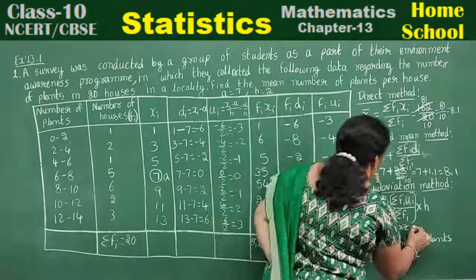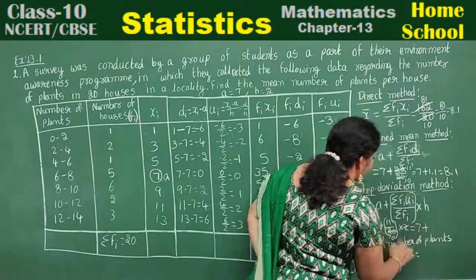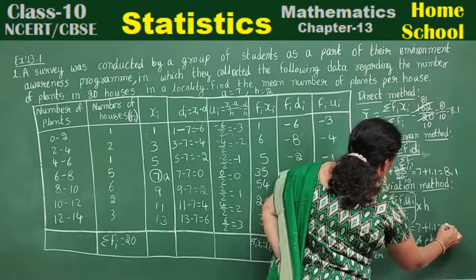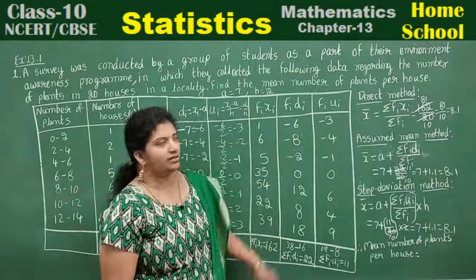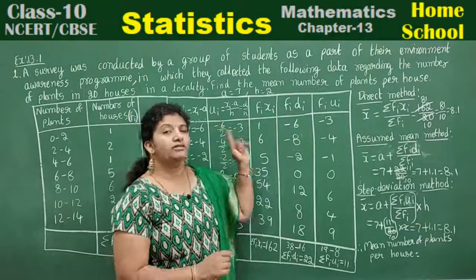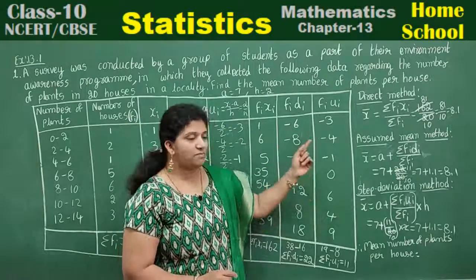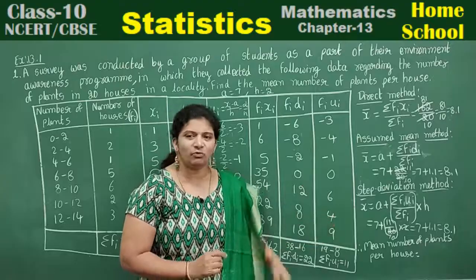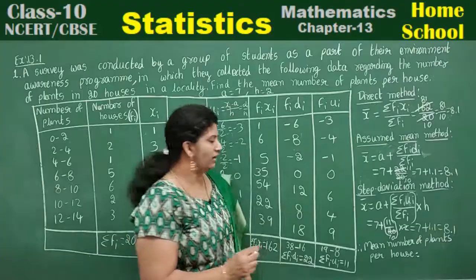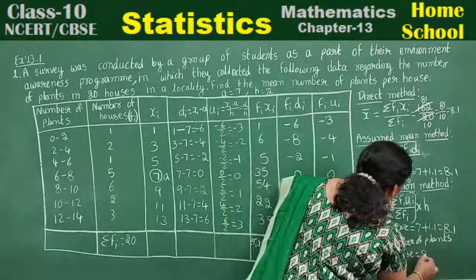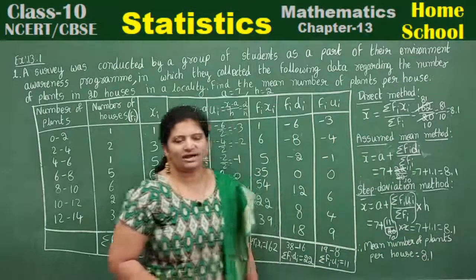I may write it as 7 plus 11 by 10, 1.1. 7 plus 1.1, it will be 8.1. Observe here, by all the three methods, you got the same mean value, that is 8.1. Therefore, the mean number of plants per house is equal to 8.1 is your answer.